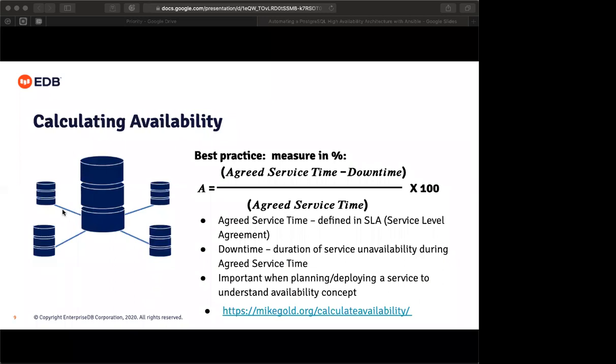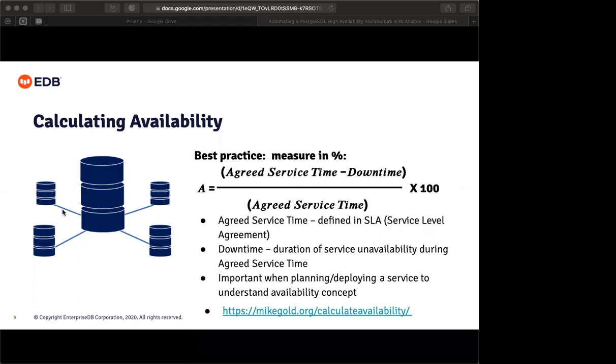It's purely based on the agreed service time, how much downtime you want to keep for yourself for maintenance operations, or upgrades, or patching or anything, right? And the agreed service time is the time you have defined in your SLA, or service level agreement, with your customers or users. So are you really using the services, or the platform?